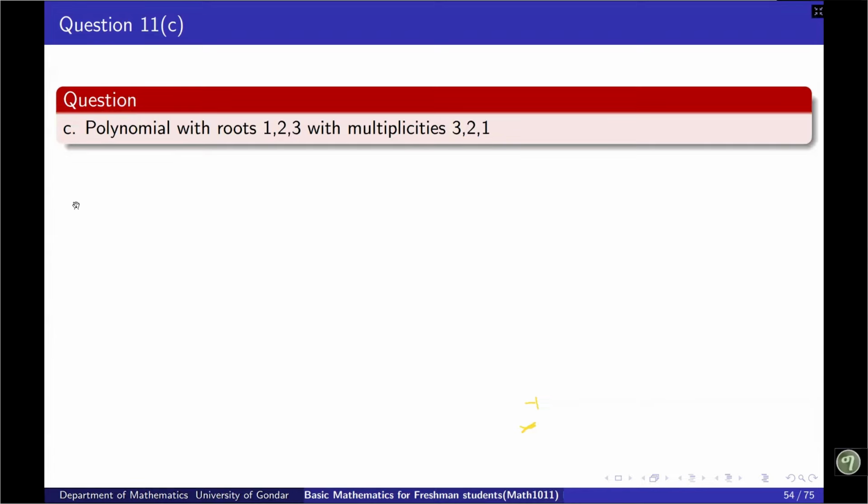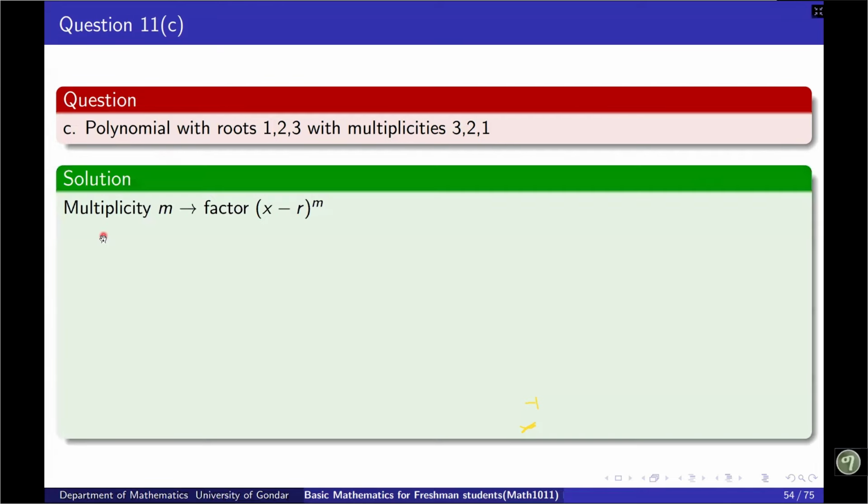The next one would be question number 11C. We are given a polynomial with roots 1, 2, 3 with multiplicities 3, 2, 1. We are asked to find a polynomial whose roots are 1, 2, and 3 with their corresponding multiplicities.